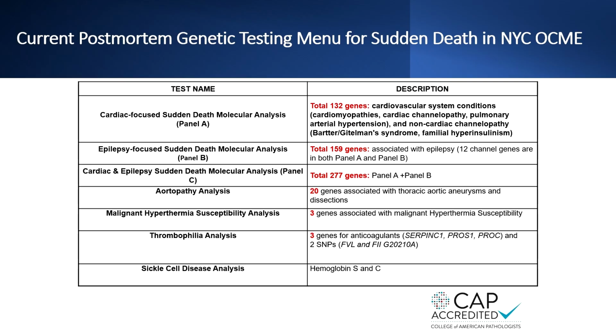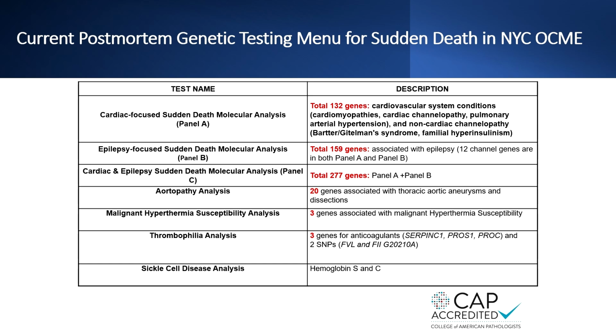On the aortopathy panel, 20 genes associated with thoracic aortic aneurysm, dissection, and ruptures are analyzed. On our malignant hyperthermia susceptibility panel, we analyze 3 genes associated with this condition. On the thrombophilia panel, we analyze 3 anticoagulant genes, in addition to factor V Leiden and factor II single nucleotide polymorphism.